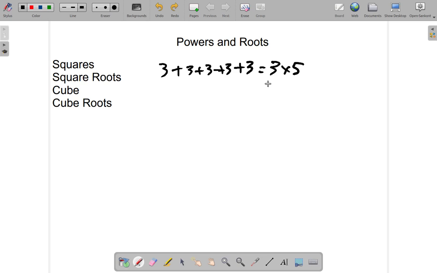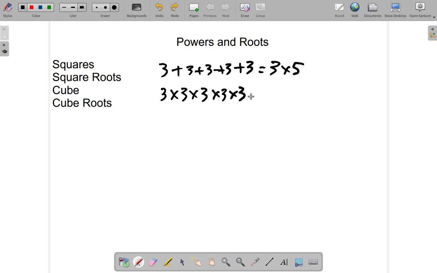That's a short way of writing repeated addition. Now suppose you have 3 multiplied by 3 multiplied by 3 multiplied by 3 multiplied by 3. Then you have 5 3's.